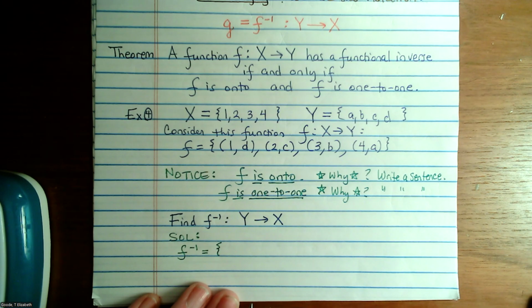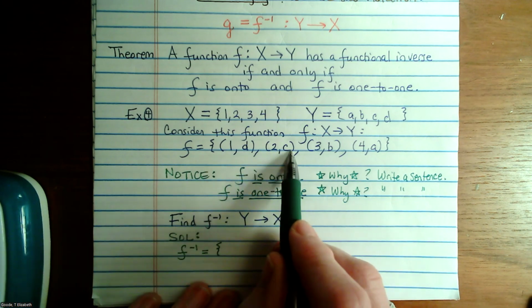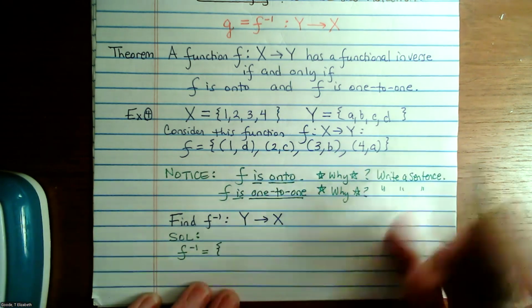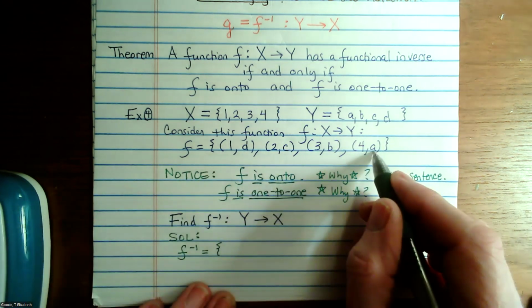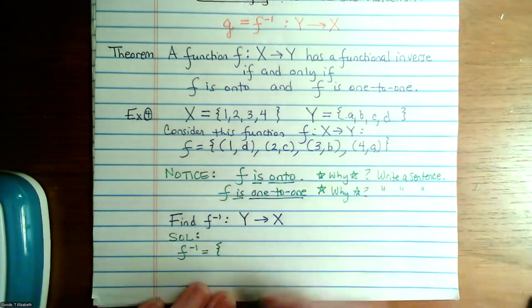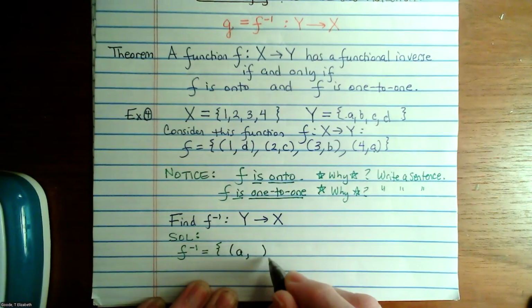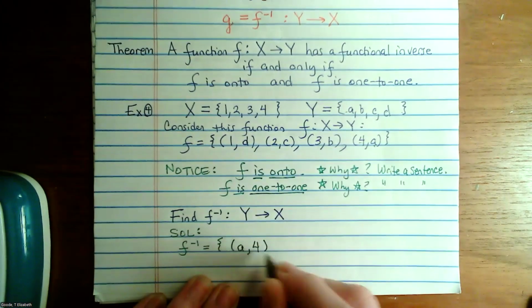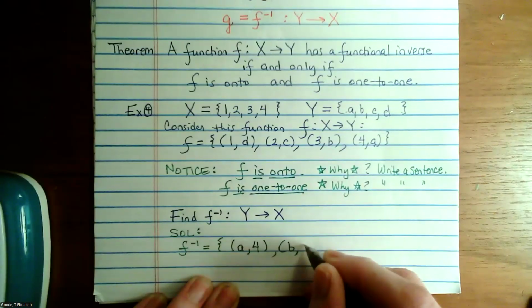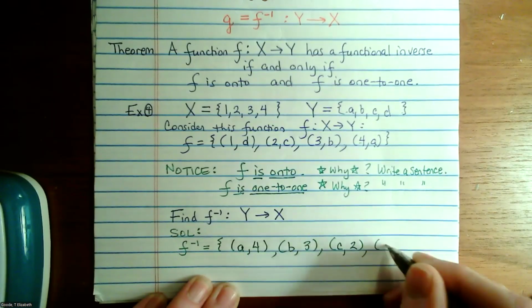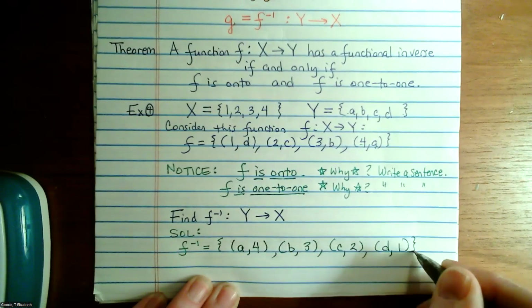Right? 2 got sent to c, then the inverse has to send c back to 2. So I'm going to start with a because we're mapping out of Y, and I'm going to write them in alphabetical order by domain element. So a maps back to 4. b maps back to 3. c maps back to 2. And d maps back to 1.